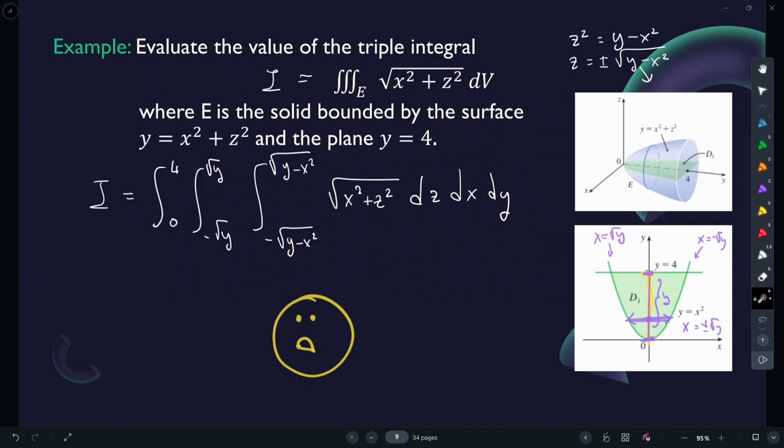The symmetries are going to appear if the functions and the surfaces that we're integrating with respect to have those symmetries. For example, if x squared plus z squared appears and nothing else, that's going to have a symmetry with respect to the y-axis. If it was x squared plus y squared, it's a circle in the xy plane, so we know that it's going to have a symmetry about the z-axis.